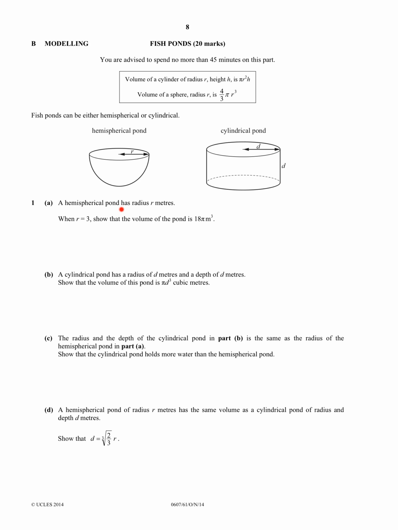But first of all, a hemispherical pond, so we're looking at this one, has a radius of r, when r equals 3. We need to show that it's 18 pi. So plug in r is 3 into our formula. Well, our formula is 4/3 pi r cubed, pi times 3 cubed, and we want half of that, so I'm just going to multiply by a half at the start, which actually cancels with 2 of those 4, so we've got 2/3 pi times 3 cubed.